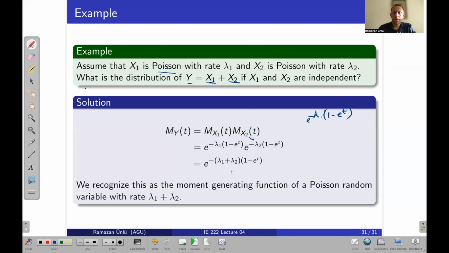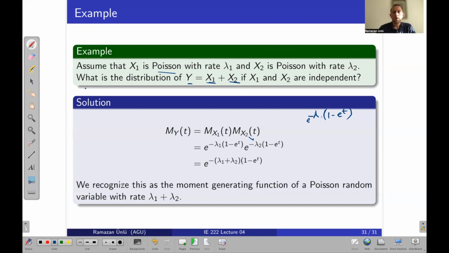So we have ended up with e to the minus (lambda 1 plus lambda 2) times (1 minus e to the t).